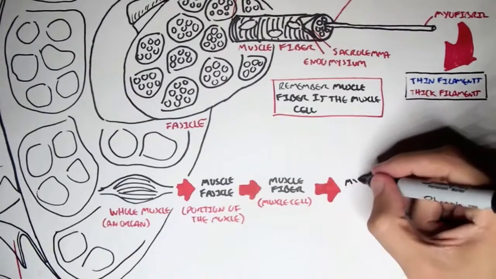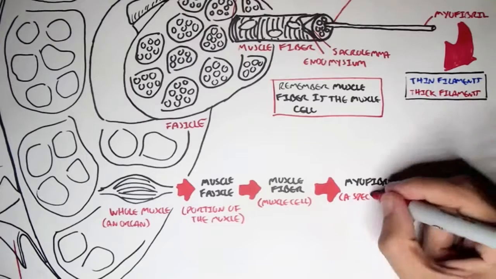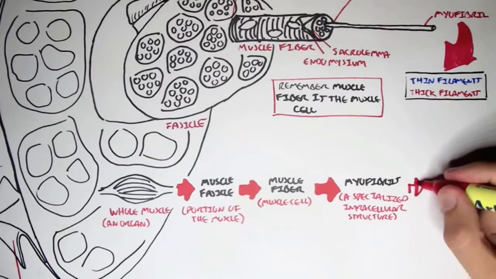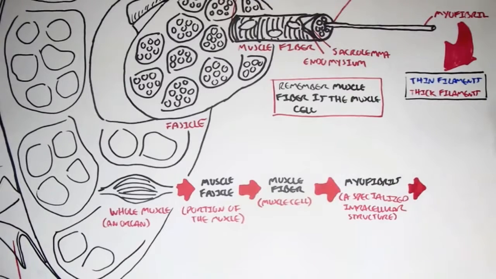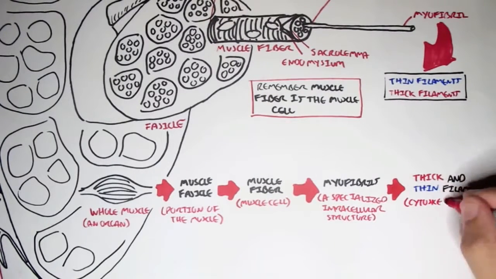The muscle fiber contains many myofibrils, which are specialized intracellular structures. And the myofibrils are the ones that contain thick and thin filaments, also known as the cytoskeleton elements.